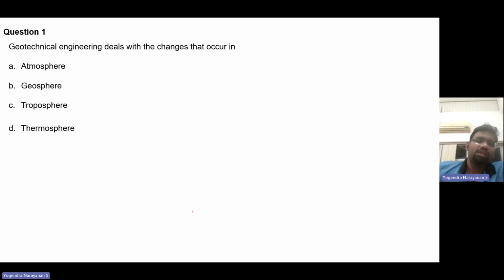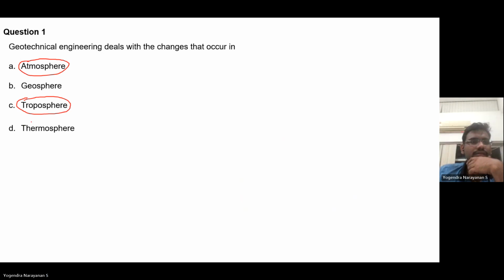So, as you can see, atmosphere, troposphere, and thermosphere, these are essentially the aspects that are present, I would say, above the ground, in which the materials of the earth do not come into picture.